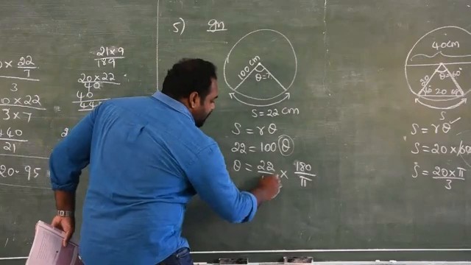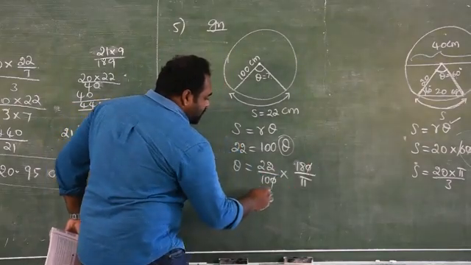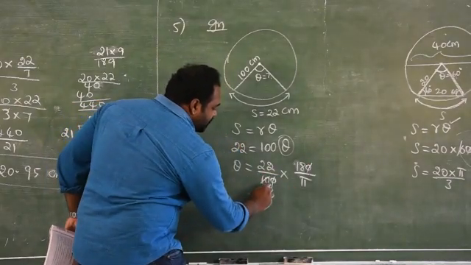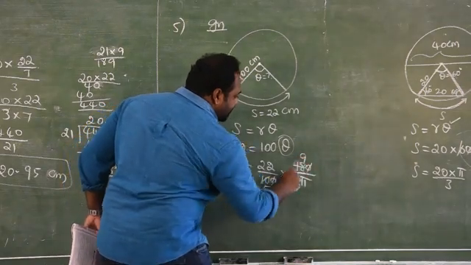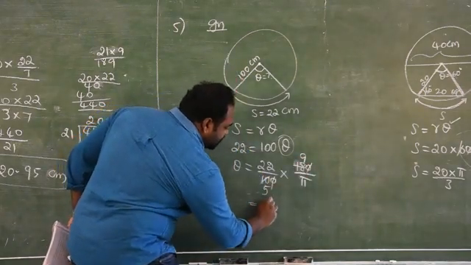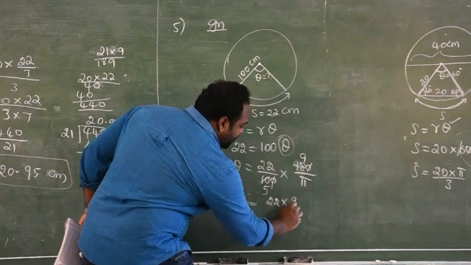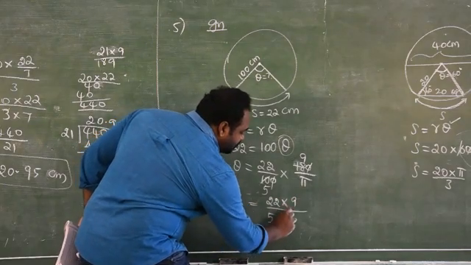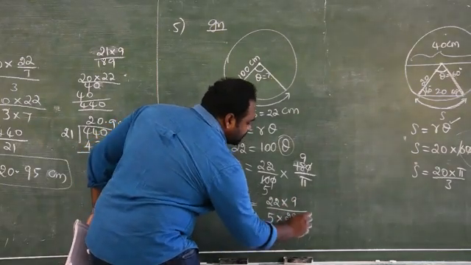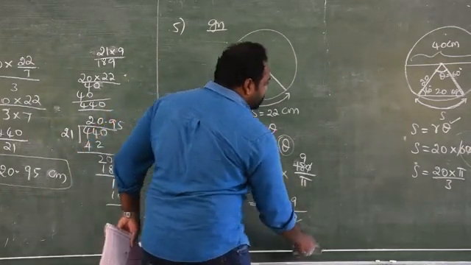So here we have a cancellation. 2 fives are 10, this is 9 times. Next, 22 into 9 by 5 into 22 by 7. So carry this 7 to the numerator.